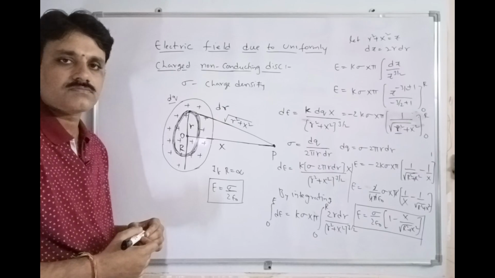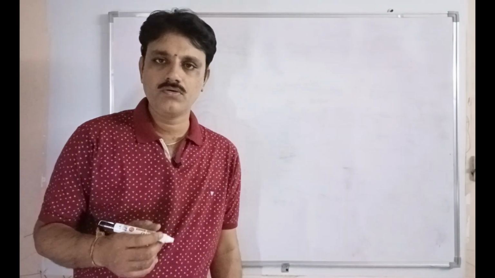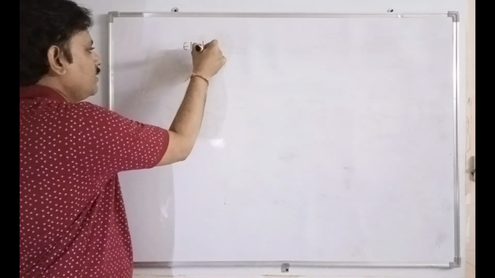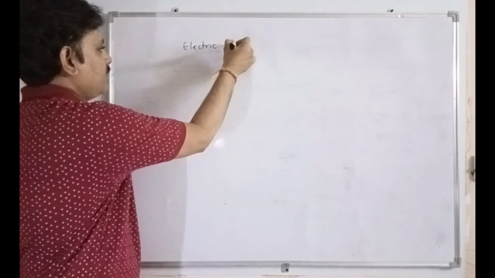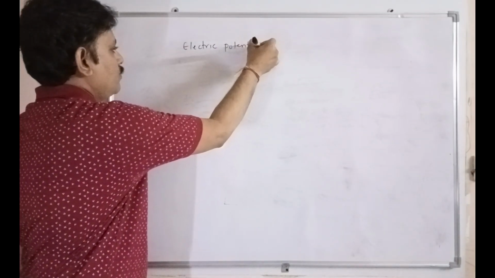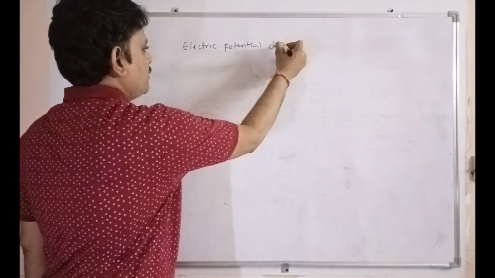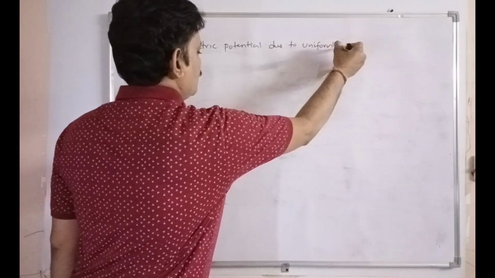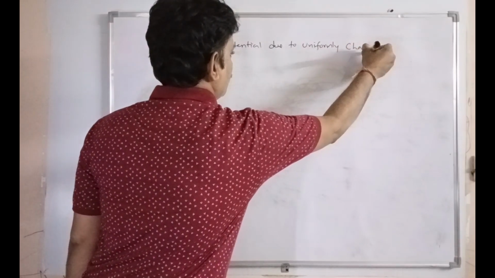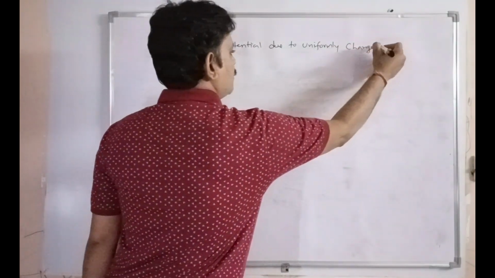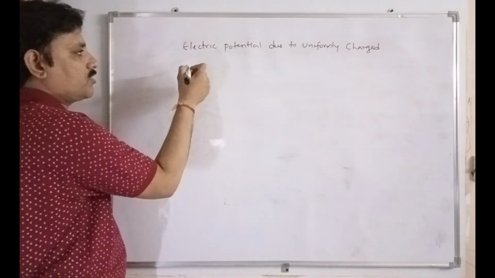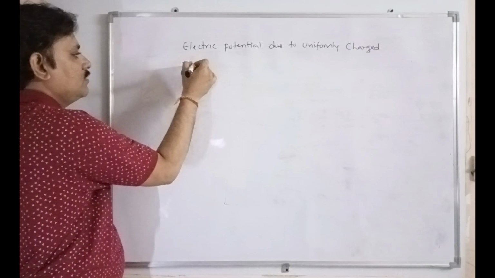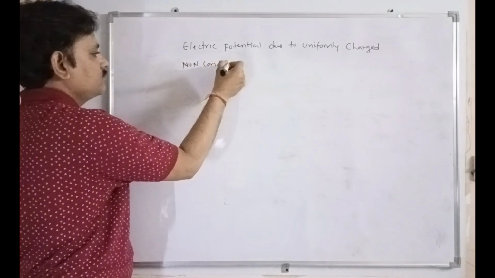Okay students, let us see the electric potential due to a charged disk. We calculated the electric field due to a uniformly charged disk. Now we are going to calculate the electric potential due to a uniformly charged non-conducting disk.